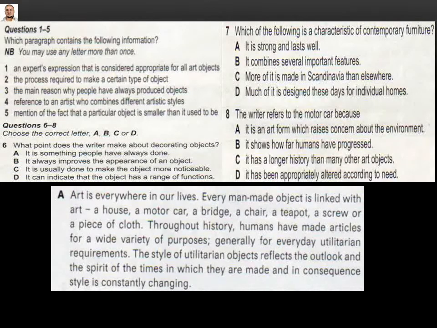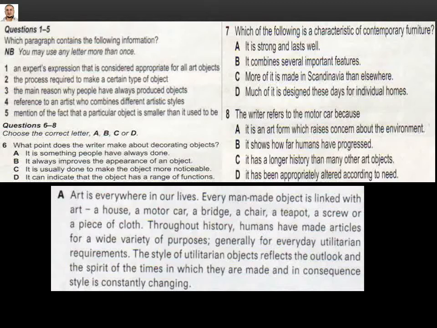In paragraph A, art is everywhere in our lives. Every man-made object is linked with art. A house, a motor car, a bridge, a chair, a teapot, a screw, or a piece of cloth. Throughout history, humans have made articles for a wide variety of purposes, generally for everyday or utilitarian requirements.